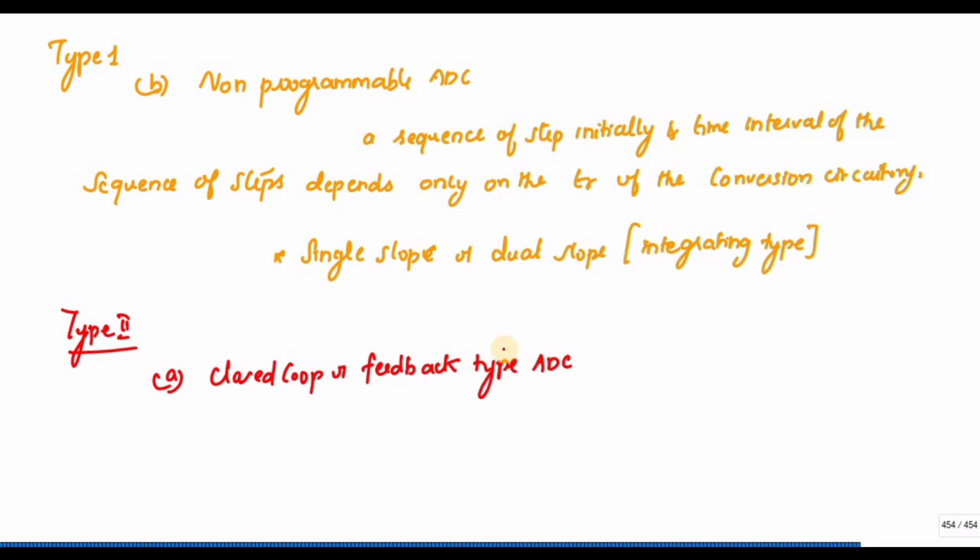Here the analog voltage generated internally as a function of digital input is fed back to one of the inputs of the comparator, and this voltage is compared with the analog voltage under conversion. Whenever the input voltage and the feedback voltage are equal, the conversion is complete. The DAC based ADC conversion belongs to this category.